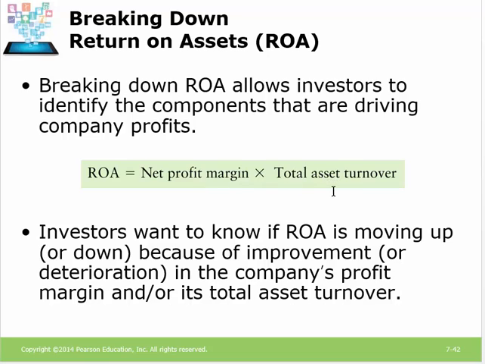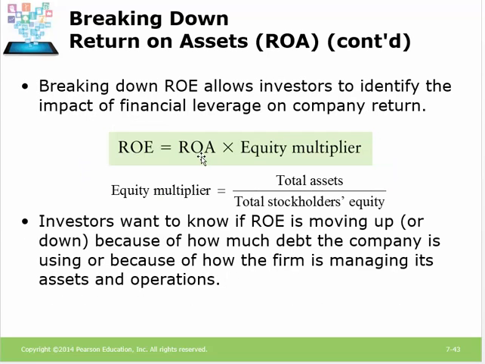We need to figure out a way to use our assets more efficiently, manage accounts receivable, inventory, and just the general plant and equipment more efficiently. If these two numbers go up, return on assets goes up. If return on assets goes up, then maybe return on equity will go up.